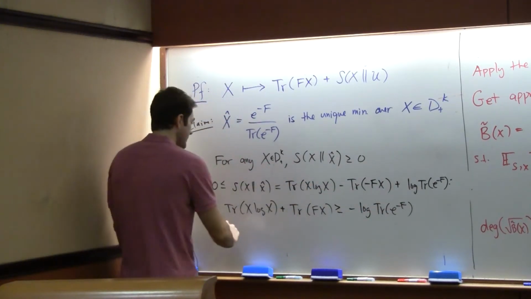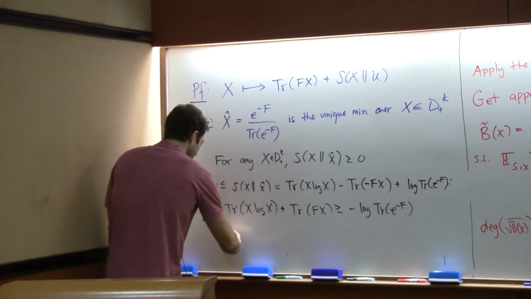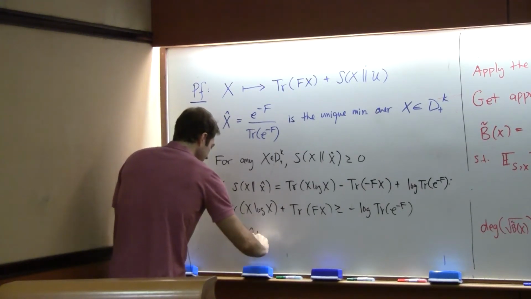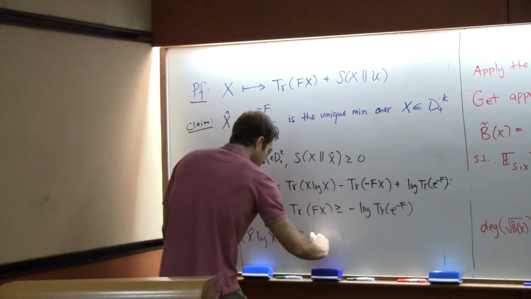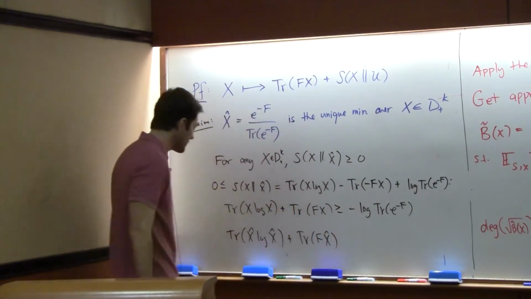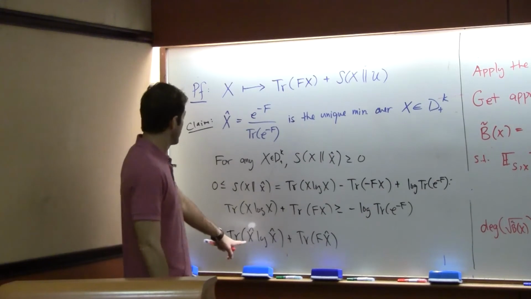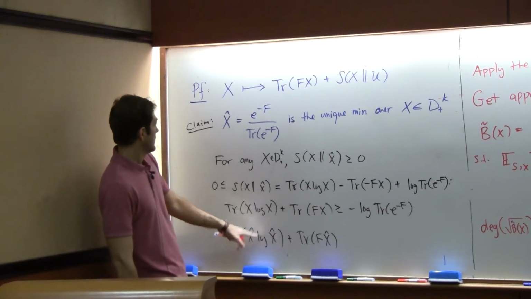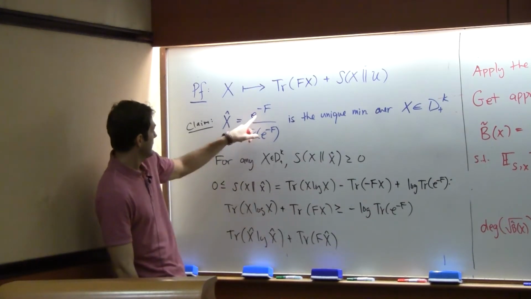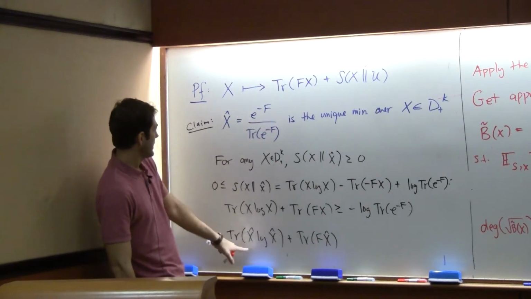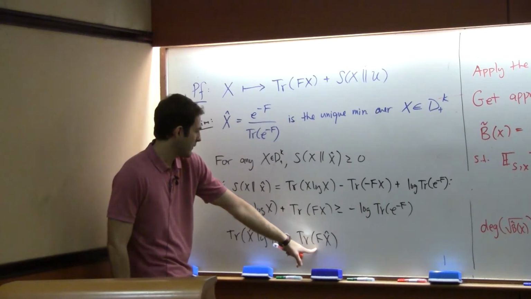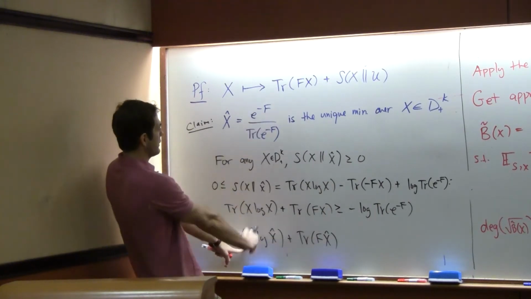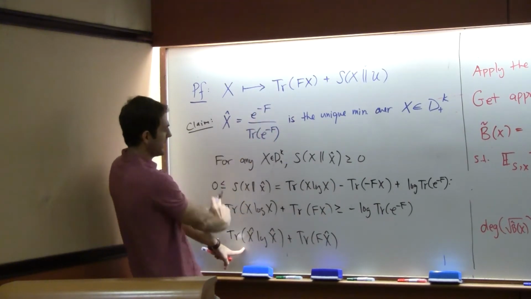Okay, so now let's calculate the same expression for x hat: trace x hat log x hat plus trace f x hat. Let's see what happens. We look at this log, and we get minus f times x hat, which is going to cancel with trace f x hat. Here, from the log of e to the minus f, we get minus f x hat, that cancels.